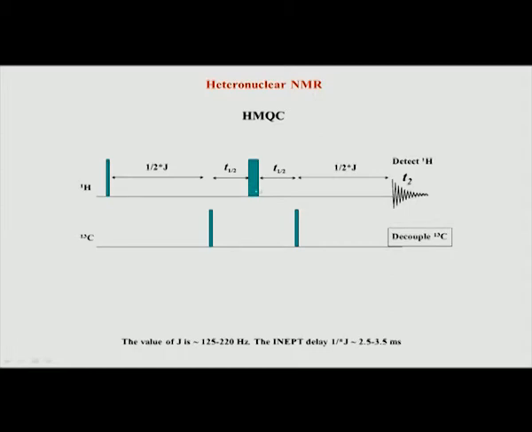The reason this is bad is that it does not excite the full chemical shift range. Remember, in the case of carbon, the chemical shifts go from 0 to 200 ppm. So, let us say you are working at an 800 megahertz NMR spectrometer, that is 800 megahertz for hydrogen. For carbon it will be 200 megahertz, 1 over 4. Now if you calculate this 200 ppm scale in terms of hertz, it is 40 kilohertz, 40,000 hertz.